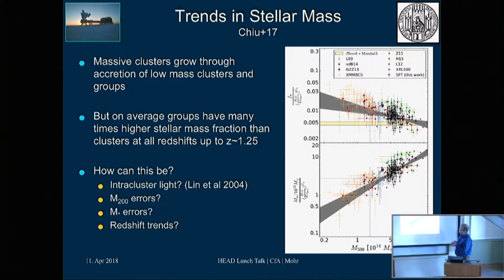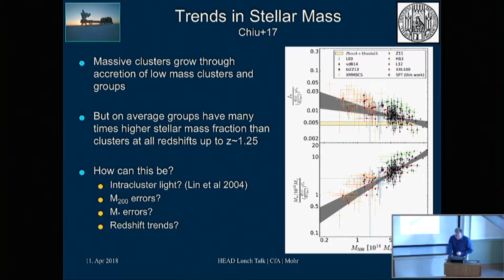This has been known for a while, since 2003 at least. So it becomes clear that you can't build a low stellar mass fraction object out of components that all have high stellar mass fractions.